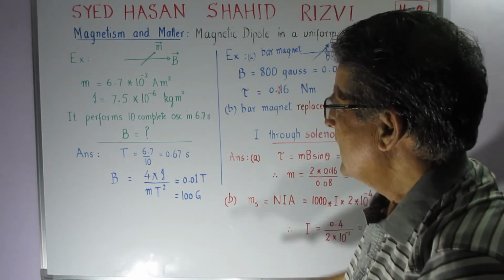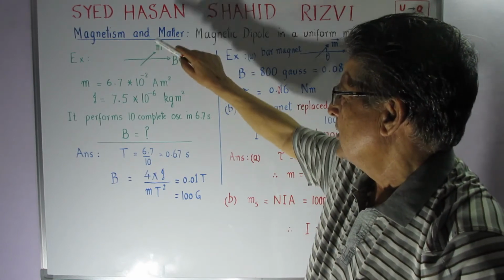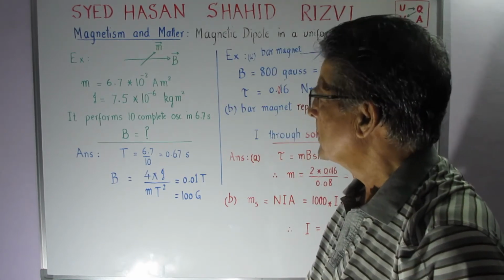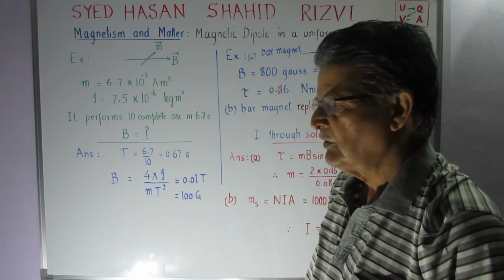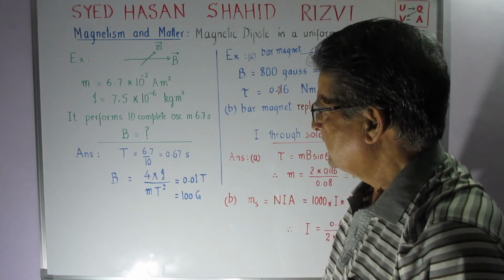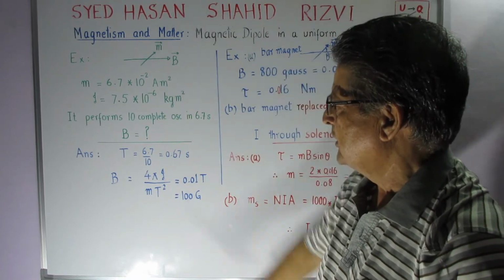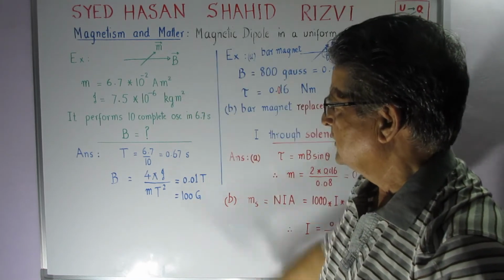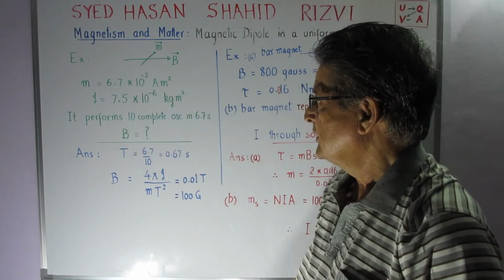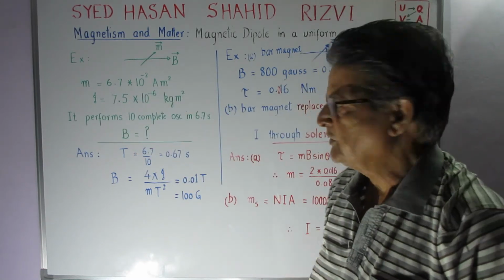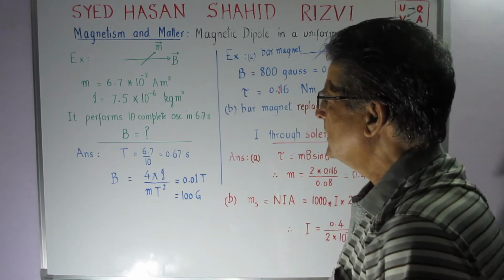Here I have a permanent magnet with a defined value of m. The magnetic moment vector is 6.7 into 10 to the power of minus 2 ampere meter square, and the moment of inertia is given as 7.5 into 10 to the power of minus 6 kilogram meter square.